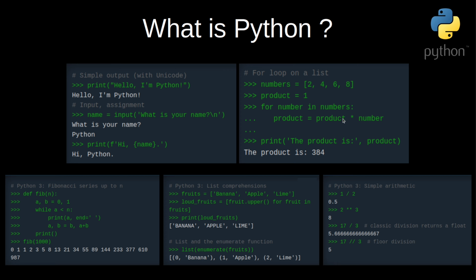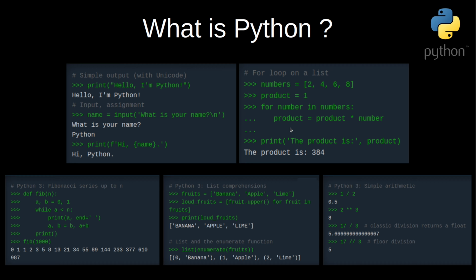So product at the first iteration ends up as 2. Then at the second iteration, product, which is 2, is assigned to 2 times the second number. Now that we are at the second iteration, the second number is 4. So 2 times 4 equals 8.